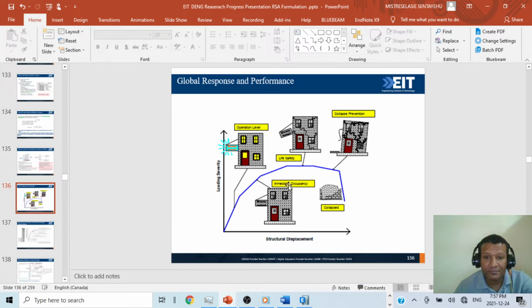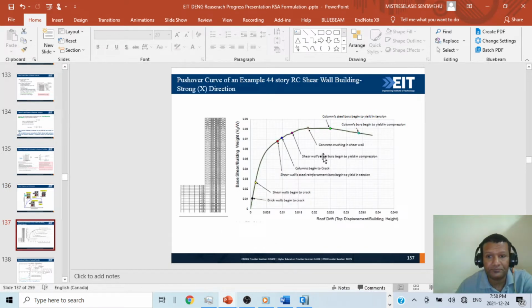It will be in the immediate occupancy level, or in the life safety level, or in the collapse prevention level, or already collapsed at E point, as I showed you. So once you know your target displacement, you can know which operational level. As I showed you, this is the first part, A, B, C, like that. So this whole part is immediate occupancy level, and all levels have their own definition.